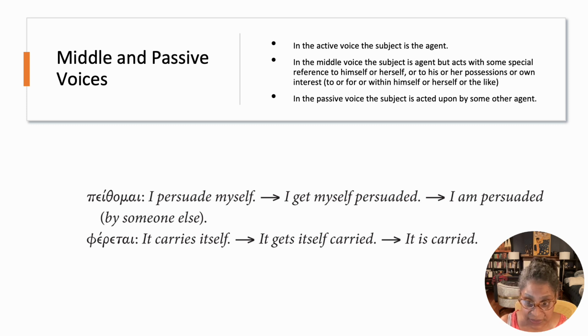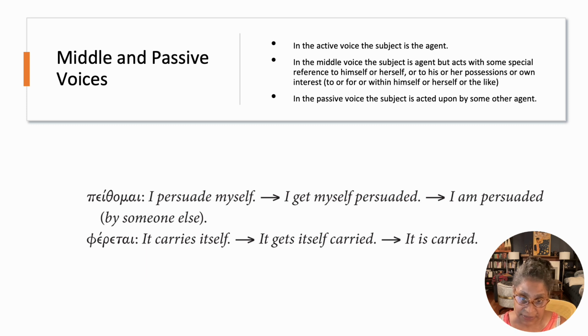Heautous riptousi. They threw themselves into the water. So that was the active form of the verb, riptousi, and then the reflexive pronoun, heautous, themselves. But we could have just used the middle form there.